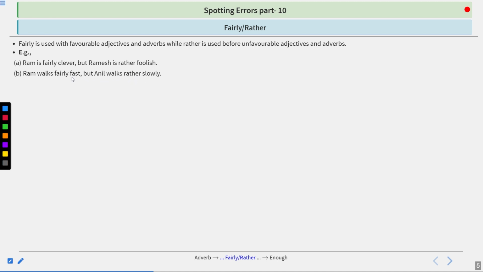So you can see that fast is an adverb because it is modifying the verb walks here, and fairly is used with the adverb fast. But Anil walks rather slowly. Slowly again is an adverb. Rather here is used with the adverb which is unfavorable.